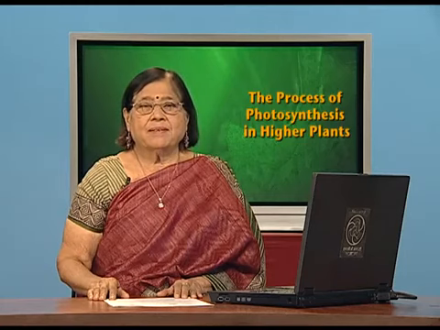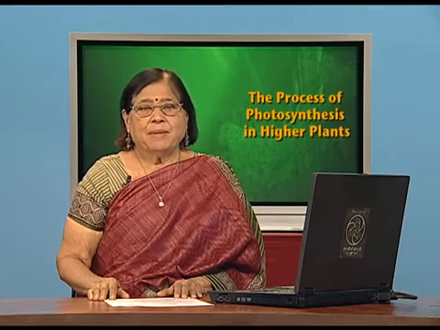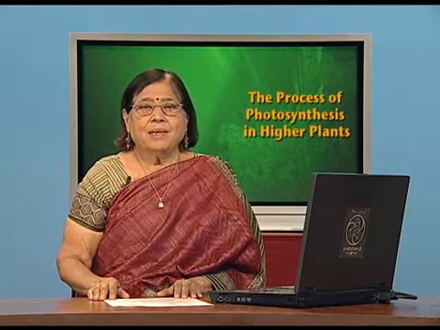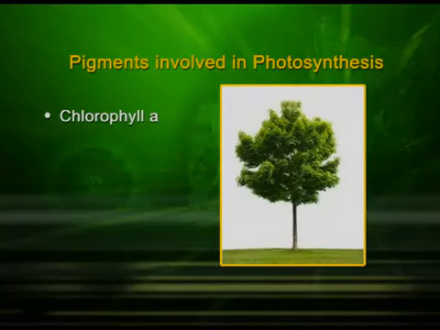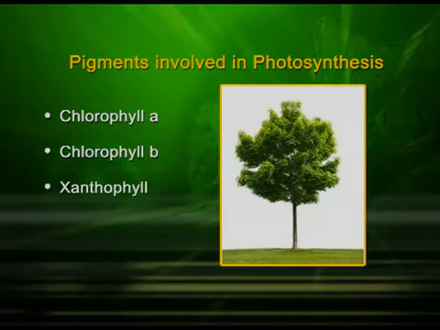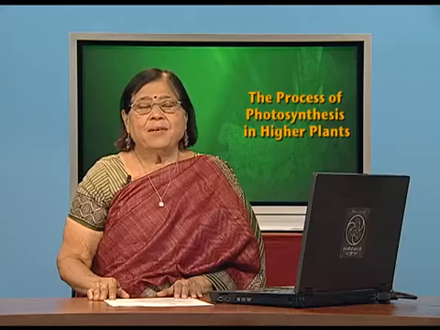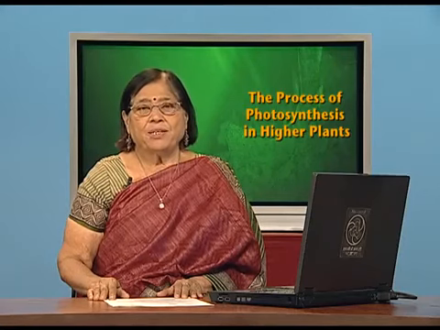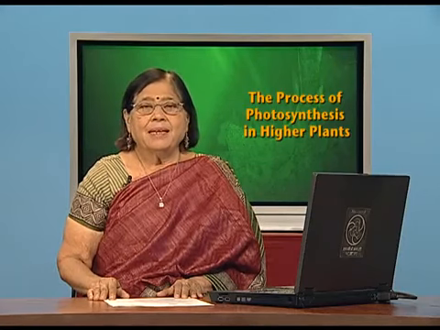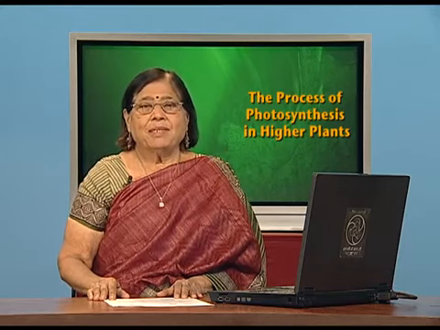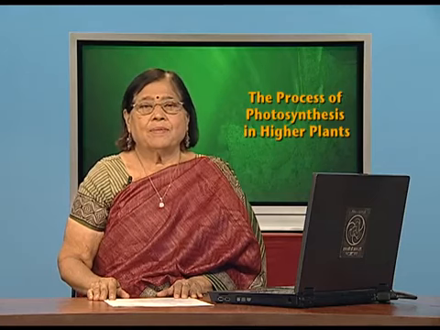involved in photosynthesis. There are many pigments present in the plant, like chlorophyll A, chlorophyll B, xanthophylls, carotenoids. Before I explain these pigments, when you look at any plant, you will find so many leaves, and leaves have different shades of green or sometimes different shades of yellow.